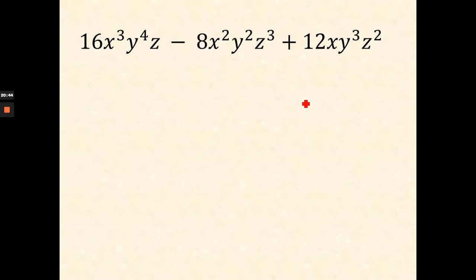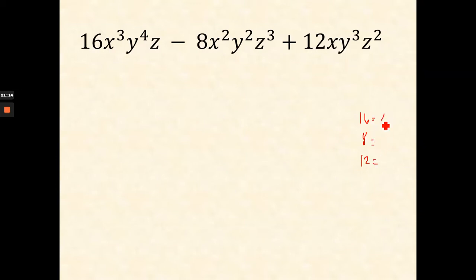16x cubed y raised to 4 z minus 8x squared y squared z cubed plus 12x y cubed z squared. It is too long, okay? So again, first we're going to find the GCF. We're going to list down the coefficients. We have 16, 8, and 12. Okay, so what are the factors of 16?